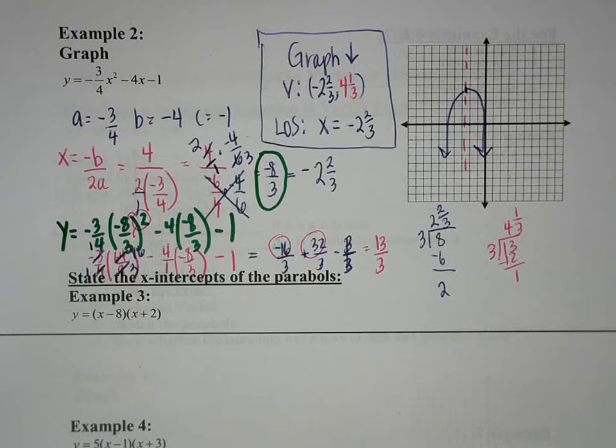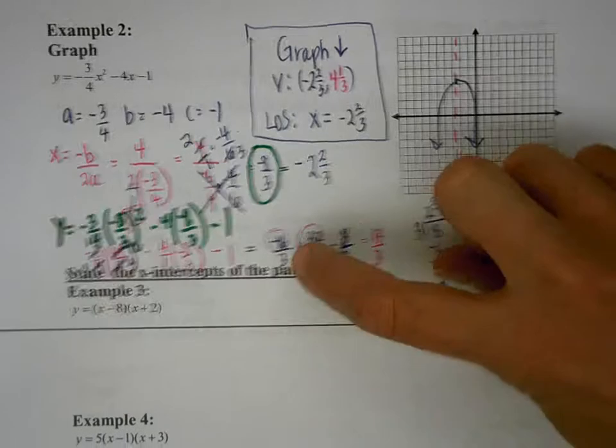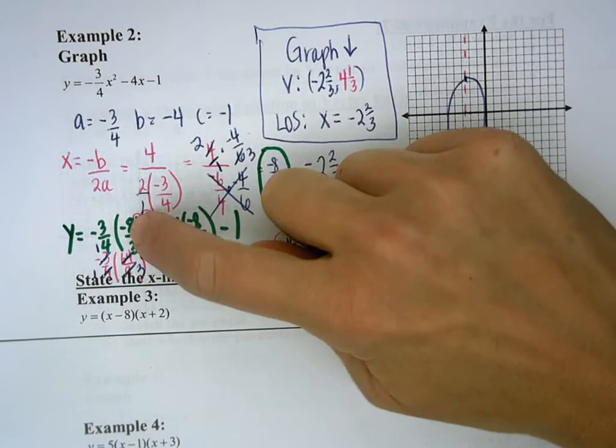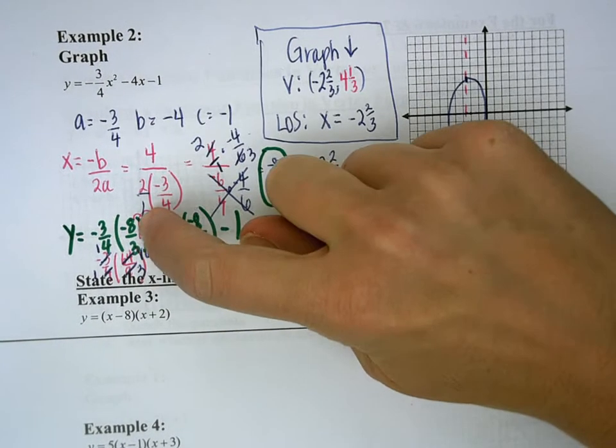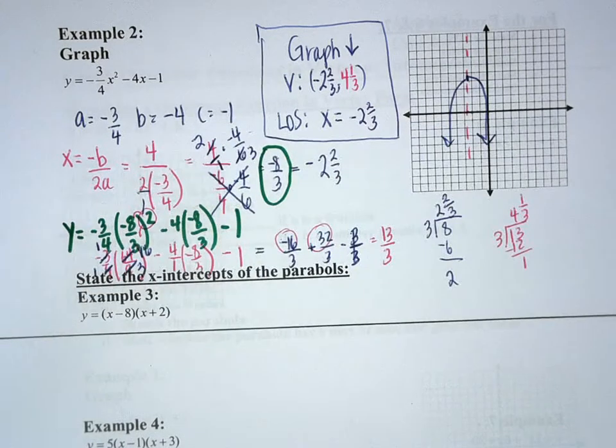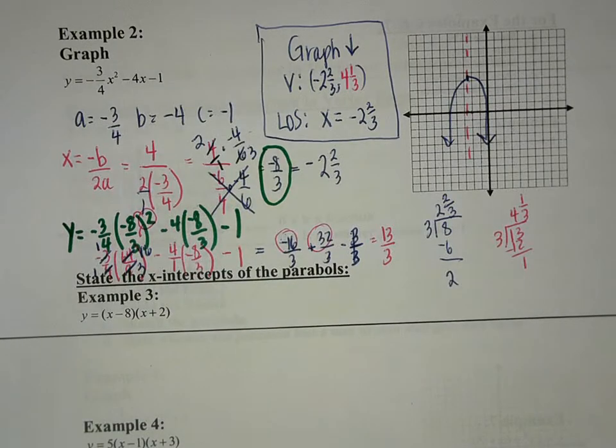Oh, it is this negative 16/3? Okay, so going back to multiplying, this became a positive 64 because a negative times a negative is a positive, but then you still had the negative 3/4. We're good? Awesome. Any other questions? Okay.